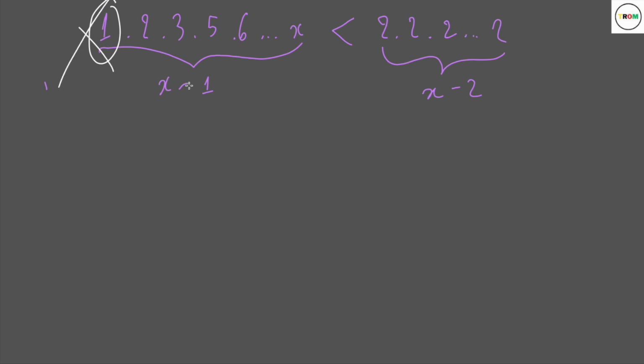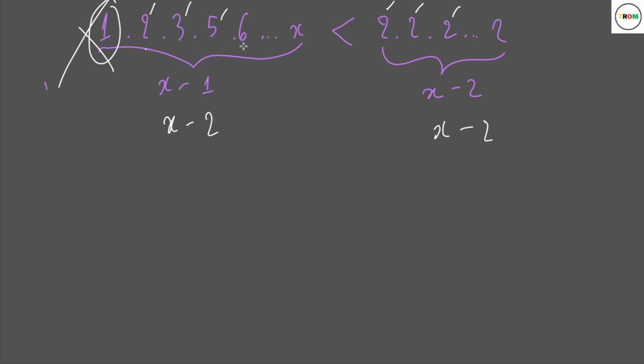If we remove it, it should be from 2 to x, so the number of factors here should be x minus 2. And x minus 2 will be equal to the number of factors on the right hand side, x minus 2. So now you compare one by one: 2 and 2, 3 and 2, 5 and 2.